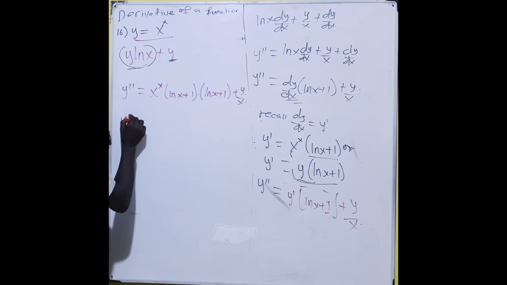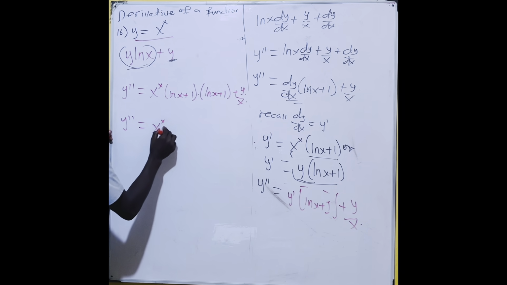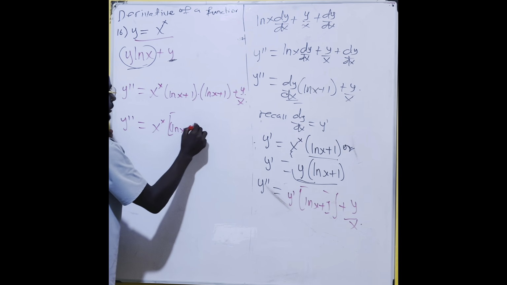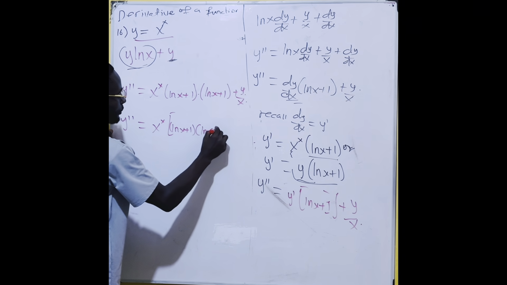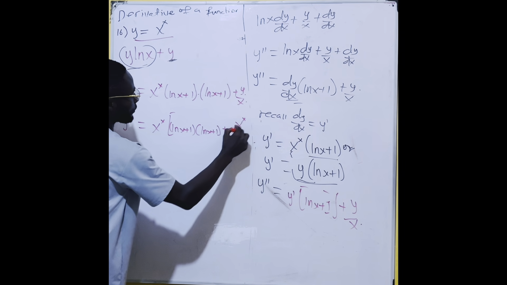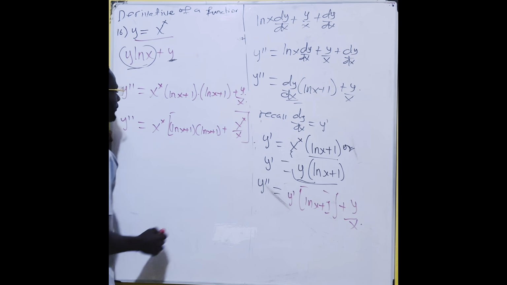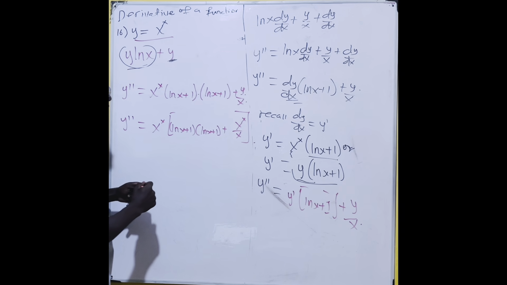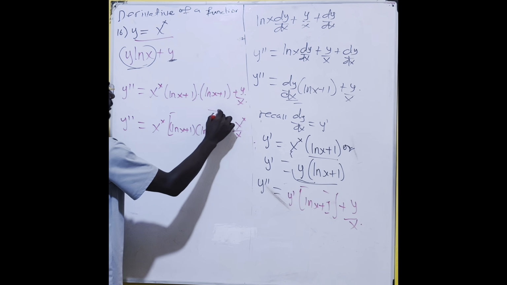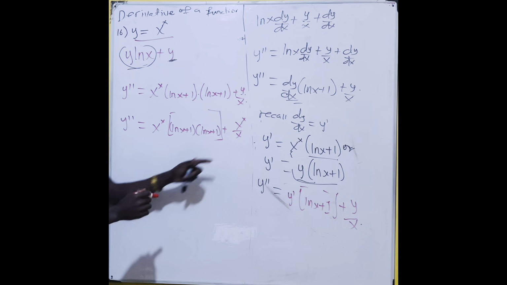So we have our second derivative to be x to the x times ln x plus 1 times ln x plus 1 plus x to the x over x, right?